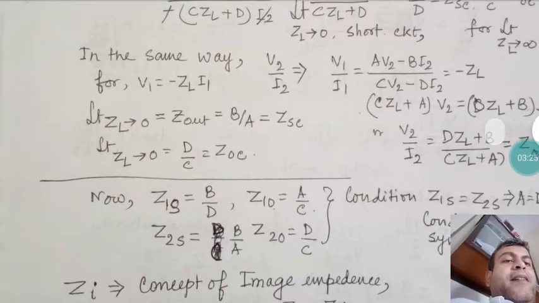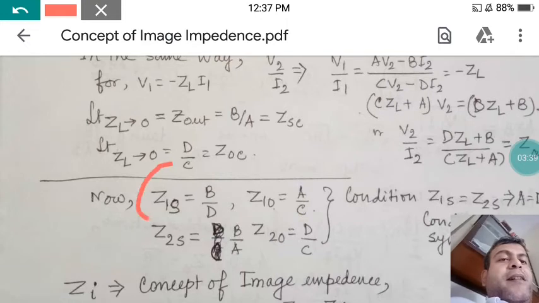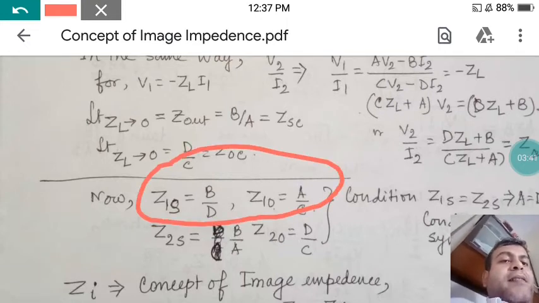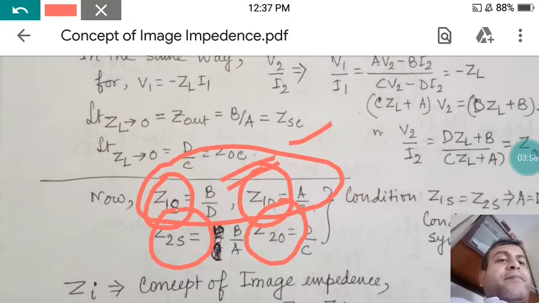Finally we get four quantities: Z1S and Z10. Z1S means we look from one terminal while the other terminal is shorted; Z10 is with the output open. If you evaluate Z1 with the output shorted, this is called Z1S, and in the same way it is Z10 when the output is open. From the other terminal, it is Z2S and Z20. All these are already given right here.